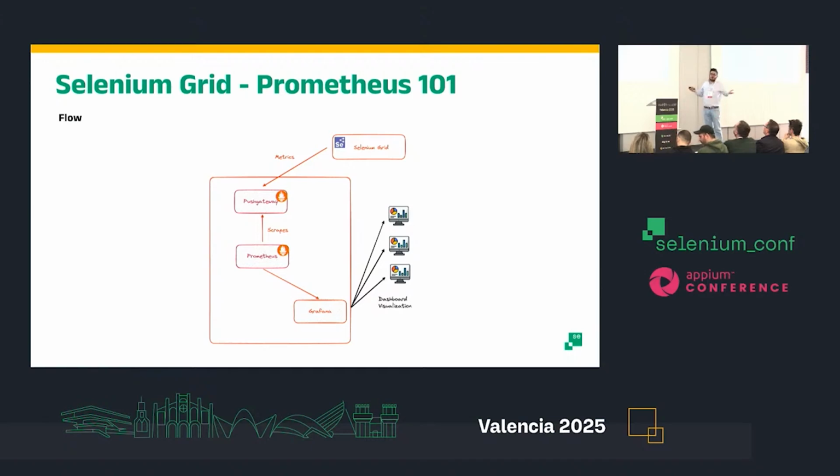We have Selenium Grid, which is our application right now. We want to push metrics out to the Pushgateway, then Prometheus scrapes the data from the Pushgateway and we collect it through Grafana. And nicely we can see how the Selenium Grid is performing all the time through Grafana. This is the main concept of what we are trying to see.